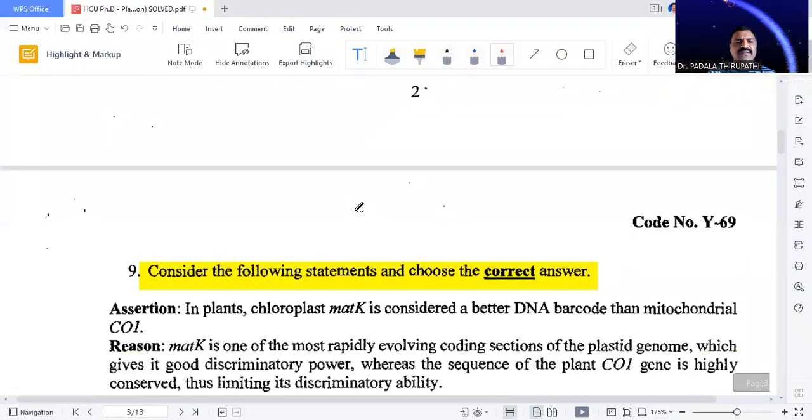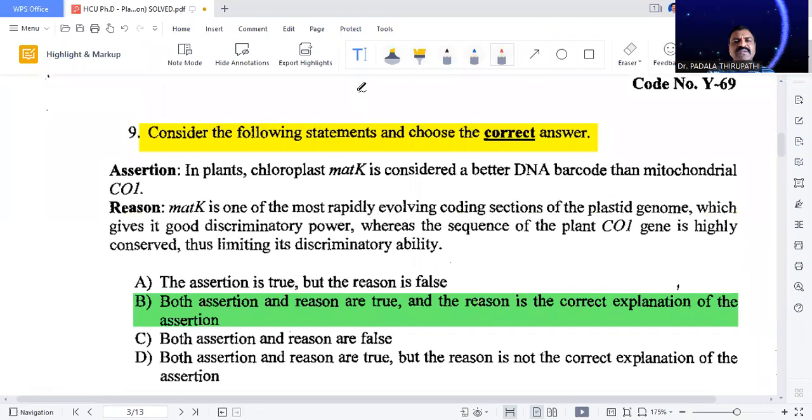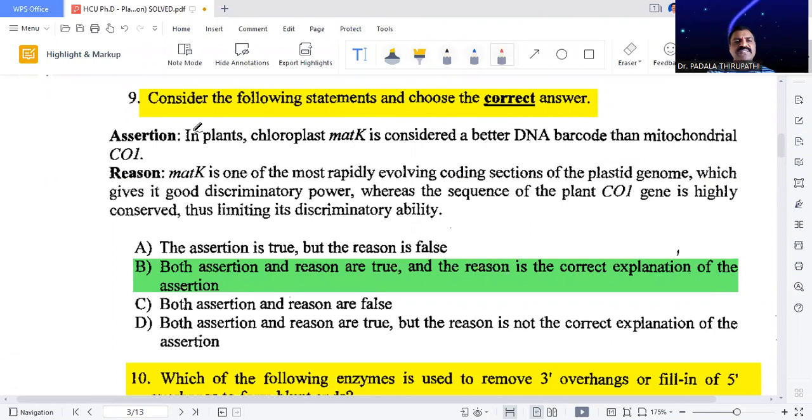The next question: consider the following statements and choose the correct answer. See here, this is an assertion and reason question. Assertion: in plants, chloroplast matK is considered a better DNA barcode than mitochondrial CO1.